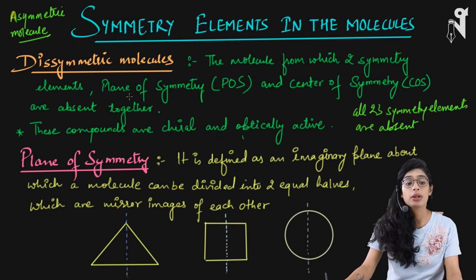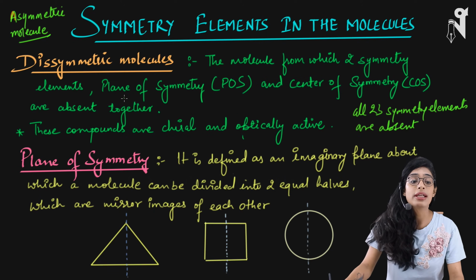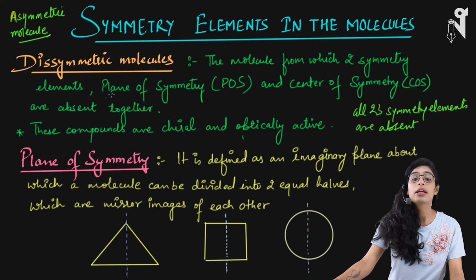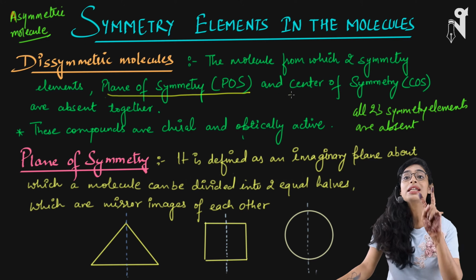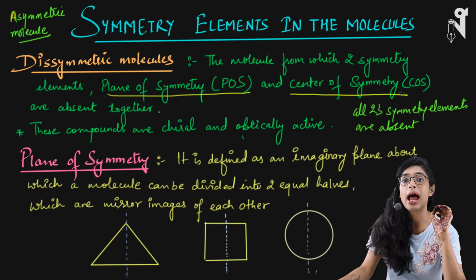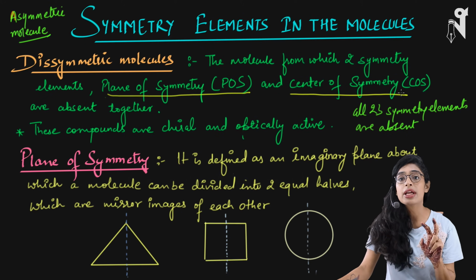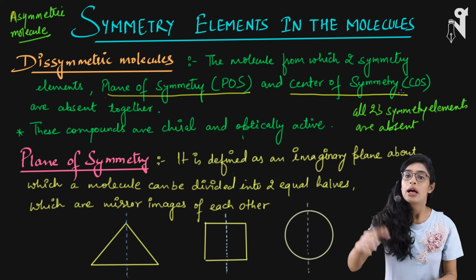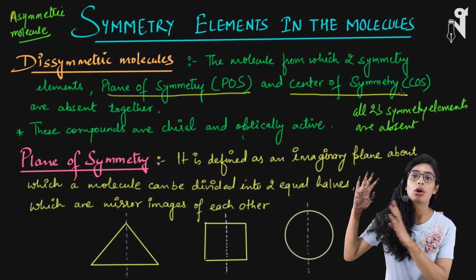These 2 symmetry elements are the plane of symmetry and the center of symmetry. If these 2 symmetry elements are absent in the molecule, then it ensures that your molecule will be chiral. Forget about the other symmetry elements; we are not going to check them.